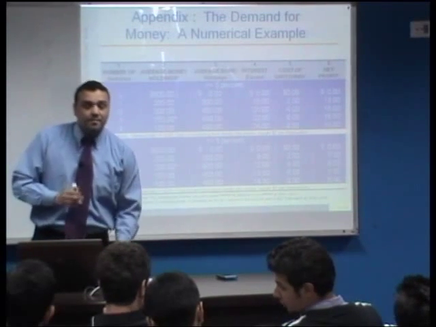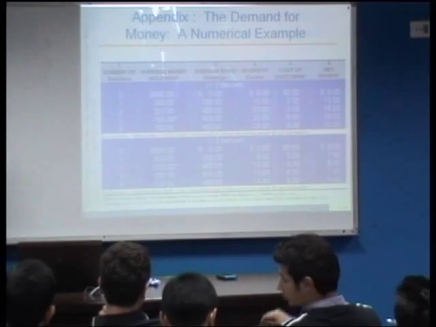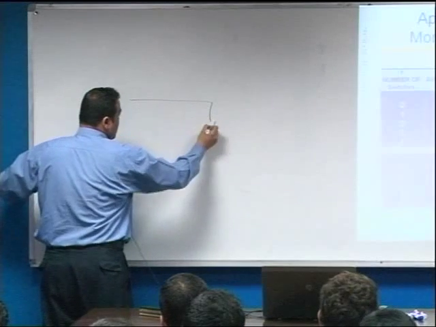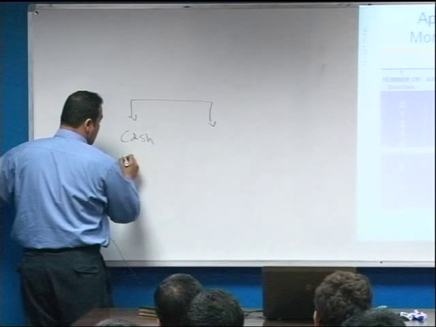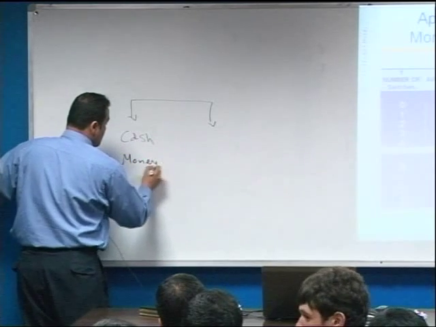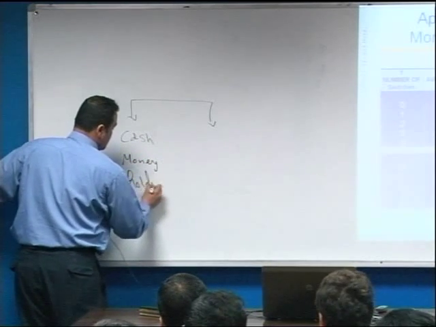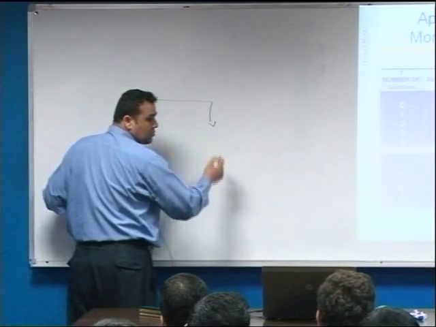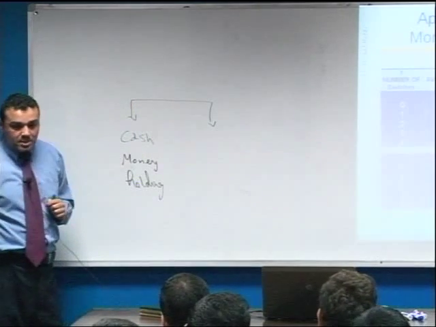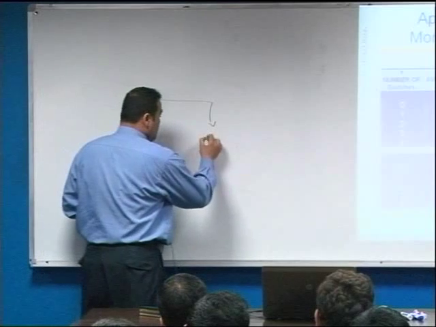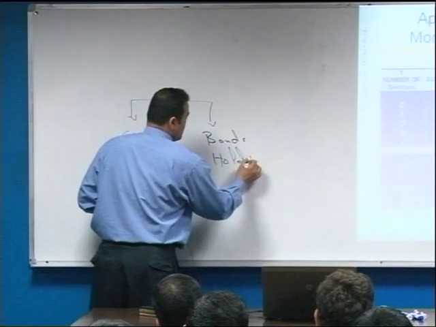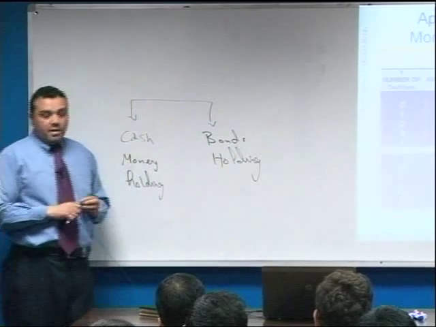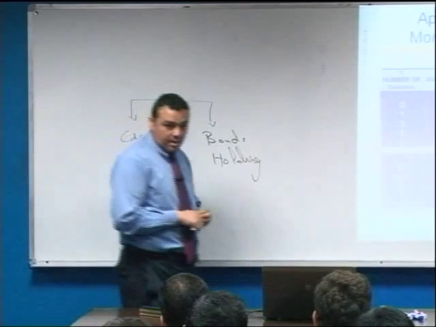They can hold part of this income as cash, which is called the money holding, and the second part they can use to buy bonds, or bond holding, in order to earn interest, right?